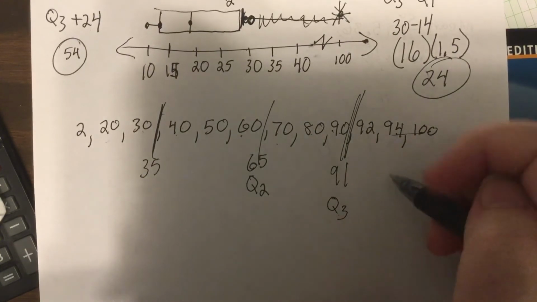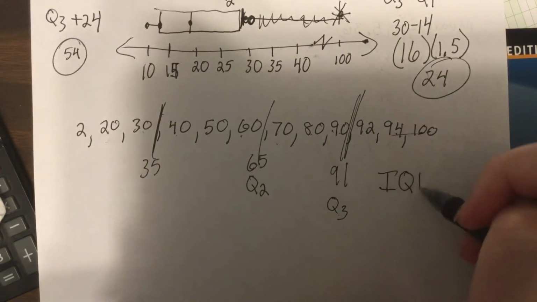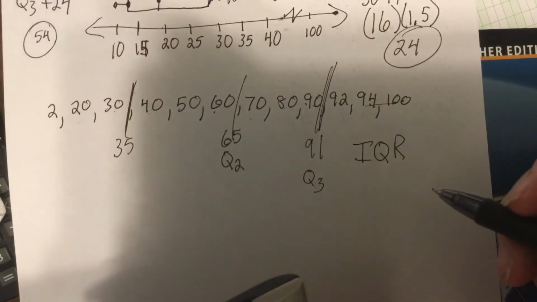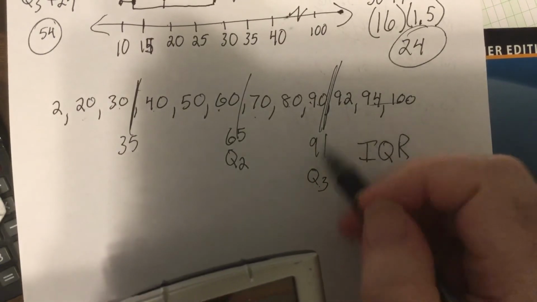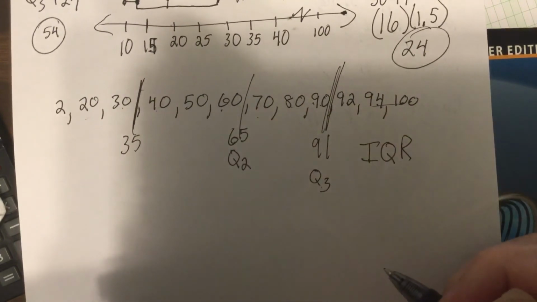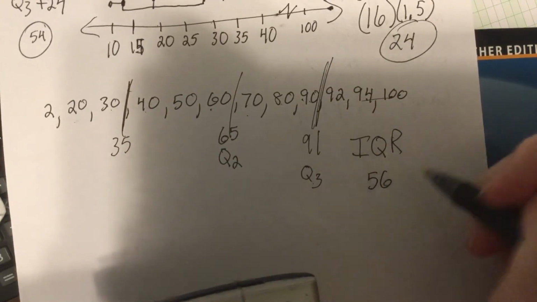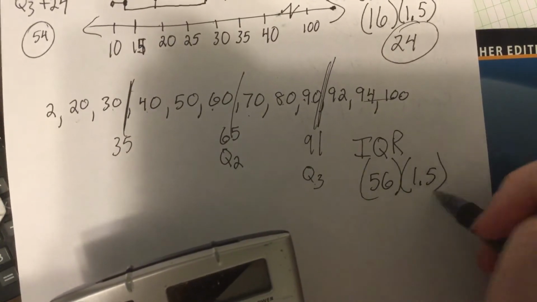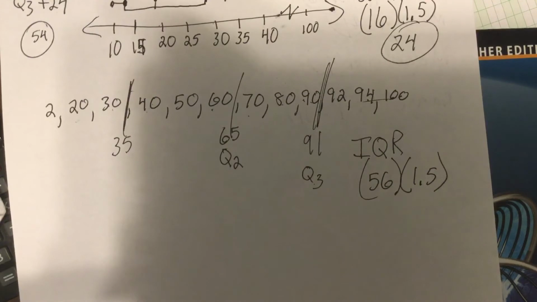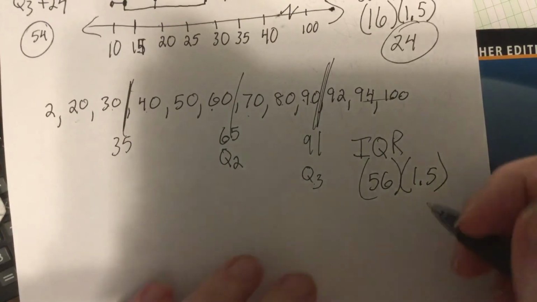So our interquartile range, to see if something is way too big or way too small, would be 91 minus 35, quartile 3 minus quartile 1, which is 56, times 1.5, and I get 84.